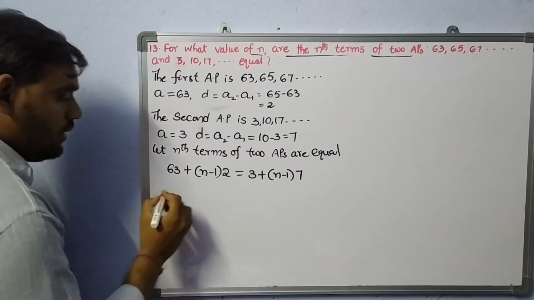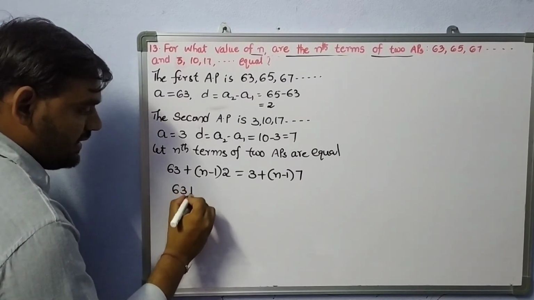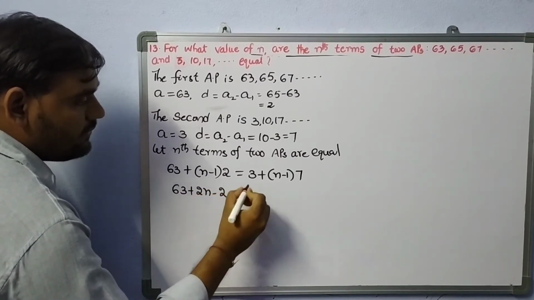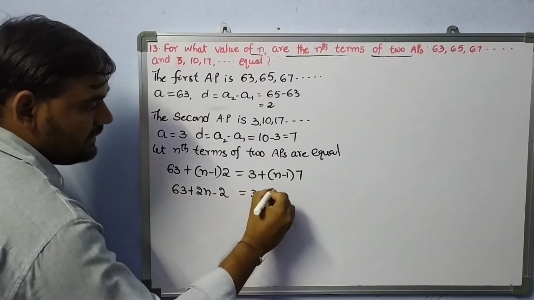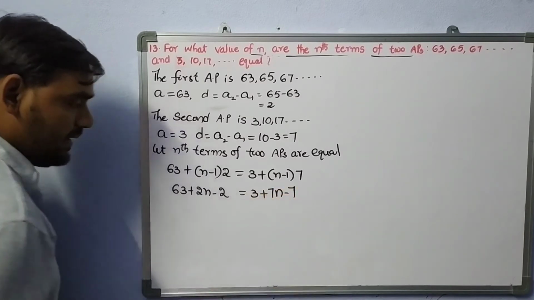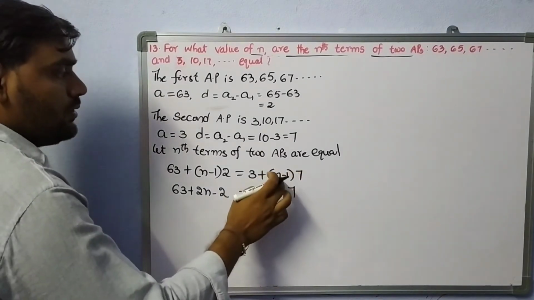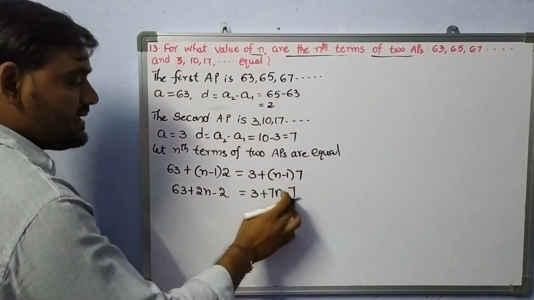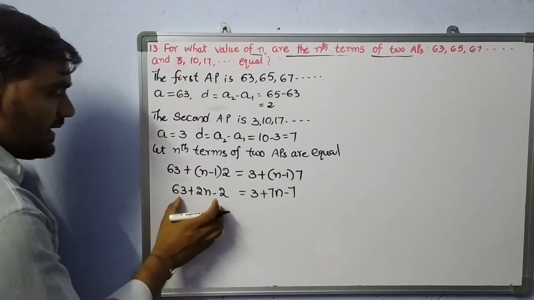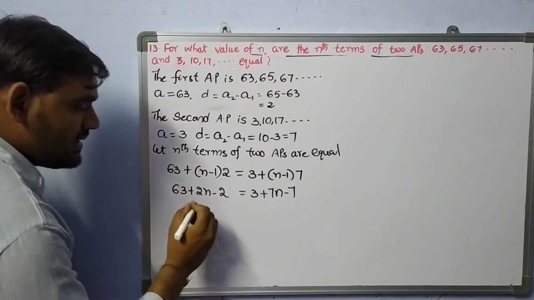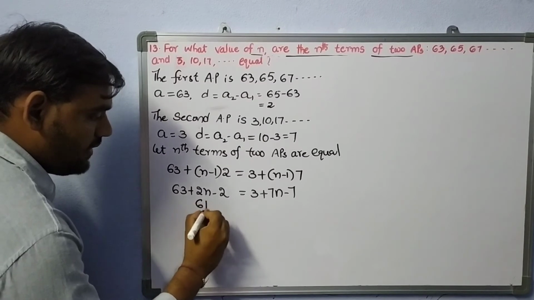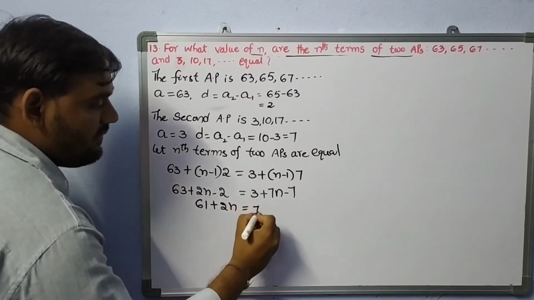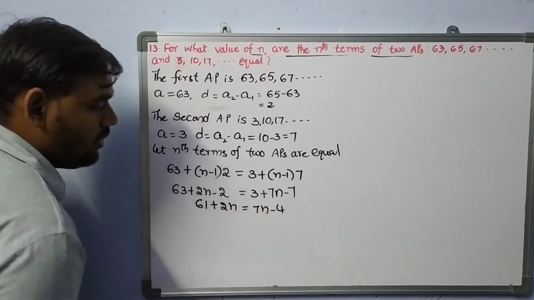Now it can be written as 63 plus 2n minus 2 is equal to 3 plus 7n minus 7. Now 63 minus 2 is 61, so 61 plus 2n is equal to 7n minus 4.